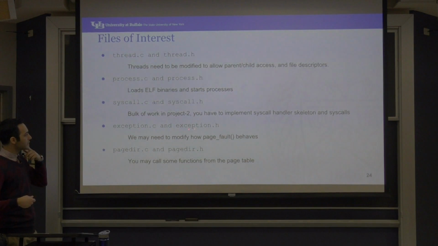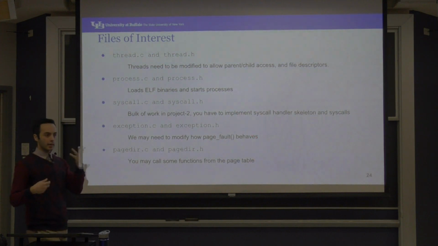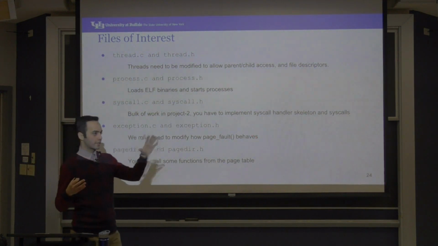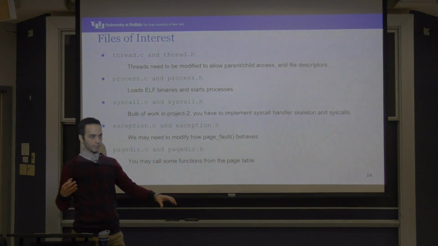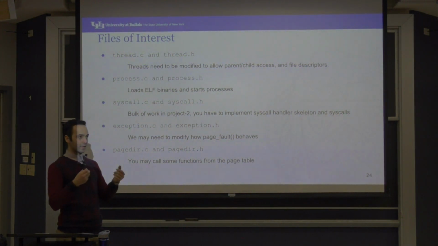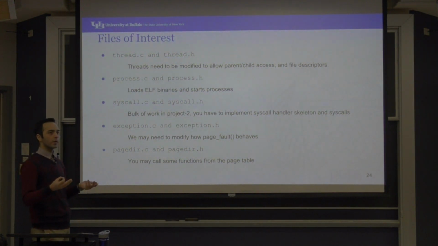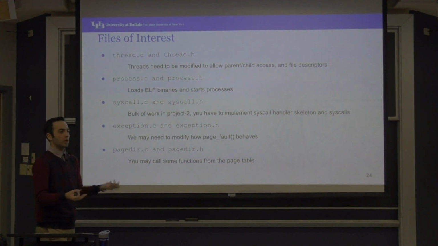The exception.c and .h is relevant for only one part, which is the page fault. As I said, when a program tries to access invalid memory, an exception happens, and that exception is the page fault. That's kind of like an interrupt, where the OS now should take a look at what's going on.